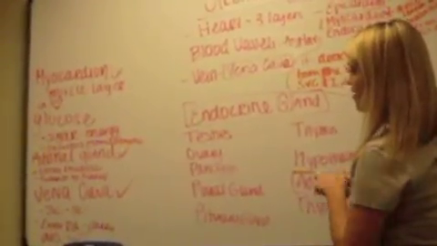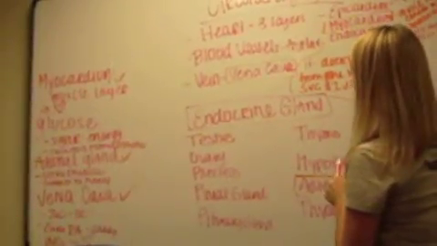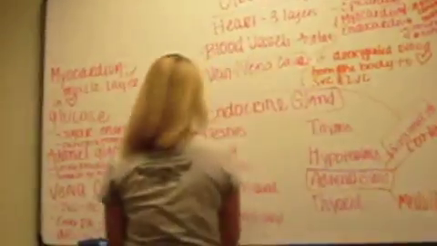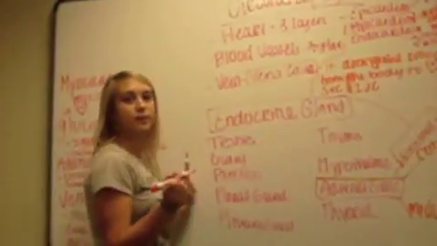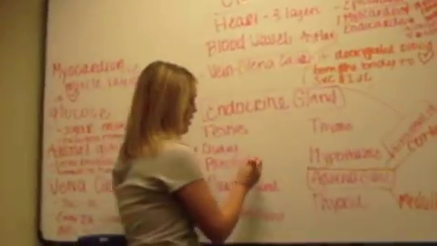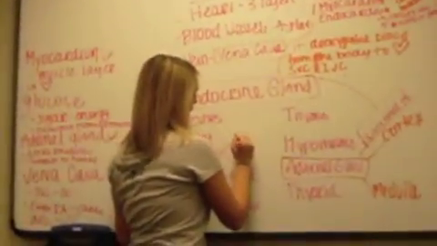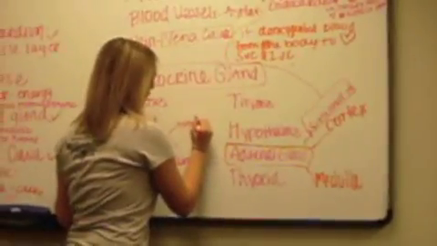So then we just have to do glucose. You can relate it 2 ways if you want to. Pancreas, and your pancreas has alpha and beta cells.